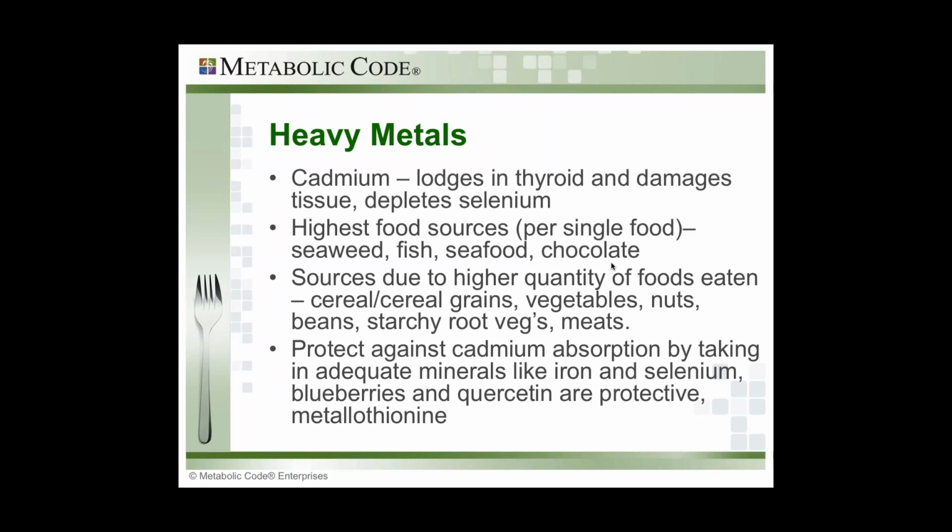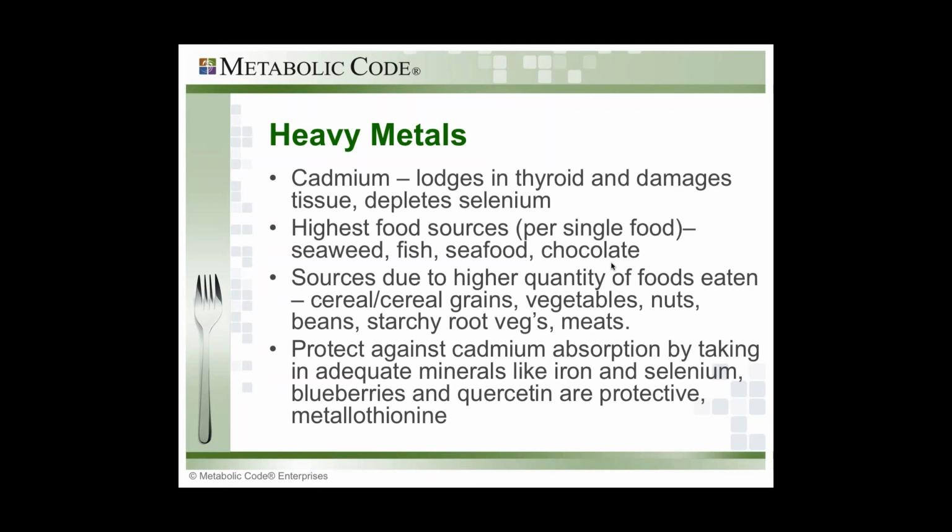There are all kinds of sources and ways that it gets into the environment, so it's really everywhere. Cadmium is death to thyroid. And I really think this is one of the reasons that we have so many people with thyroid symptoms today. I think a lot of it could be just from this heavy metal that's everywhere in the environment.